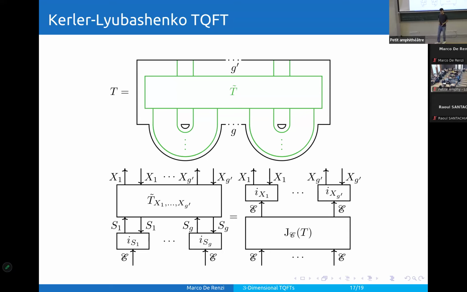And this object can be described in very explicit terms in the 2 running examples that we're going to look at also next time, which are semi-simple categories and categories of representations of a finite dimensional Hopf algebra. And this object satisfies a very important universal property with respect to dinatural transformations with this target.